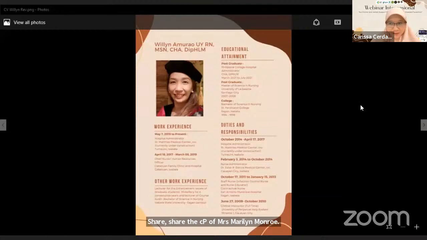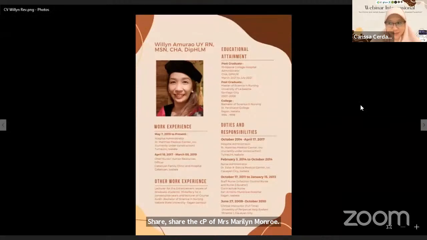Mrs. Willy Amuaro received her Bachelor of Science in Nursing from St. Ferdinand College in 1998, Master of Science in Nursing from the University of Lazaret in 2008, and Philippine College of Hospital Administrators in 2021. Currently, Mrs. Willy Amuaro holds the position of Hospital Administrator at St. Matthias Medical Center.